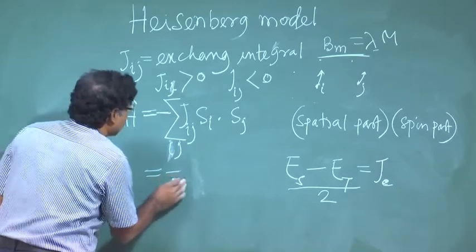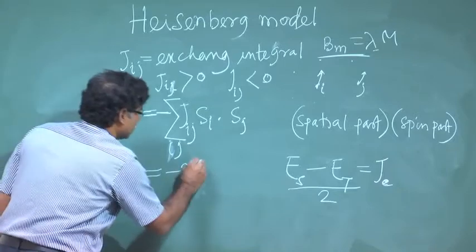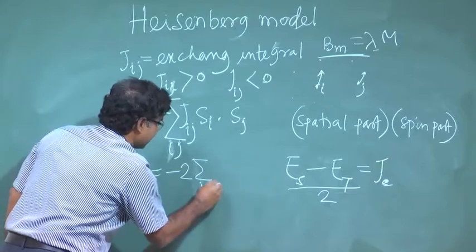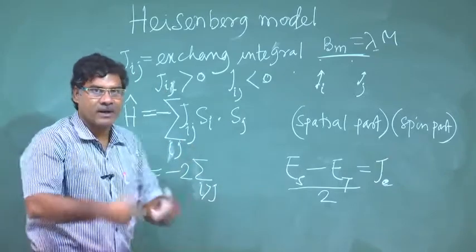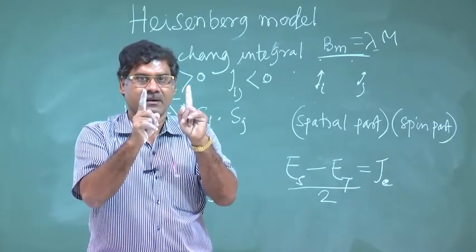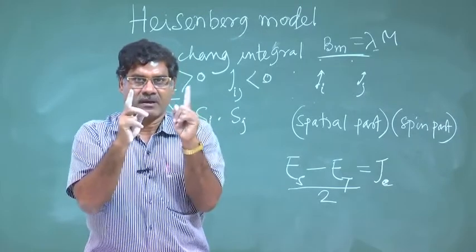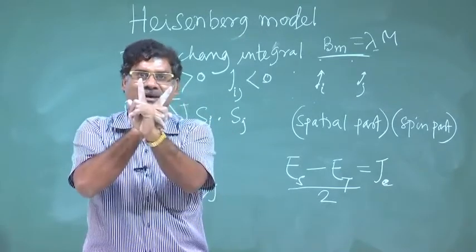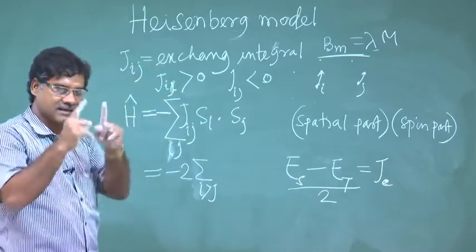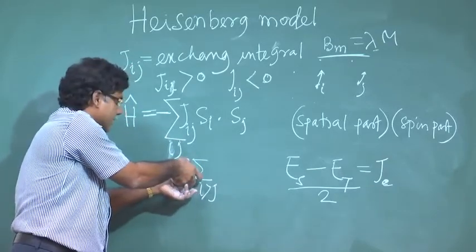So here I can write 2 times the sum over I greater than j, just to avoid double counting, because for I j, if you go for 1 and 2, then 2 and 1 also appears. So that is why, to avoid this double counting, we are taking the 2 here.